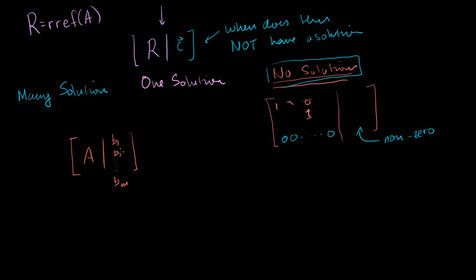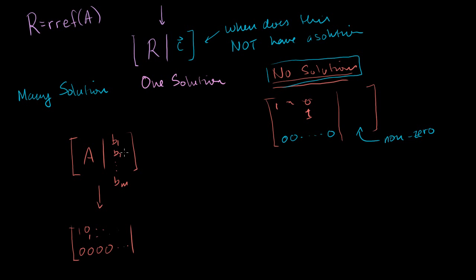Remember, this is a member of Rm. We do our reduced row echelon form with this augmented matrix, and A goes to its reduced row echelon form. Let's say its reduced row echelon form has a row of zeros at the end. Everything else looks like your standard stuff, ones and zeros, but the last row is a bunch of zeros.